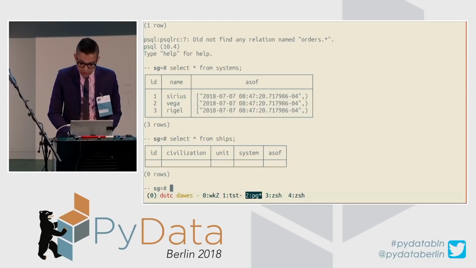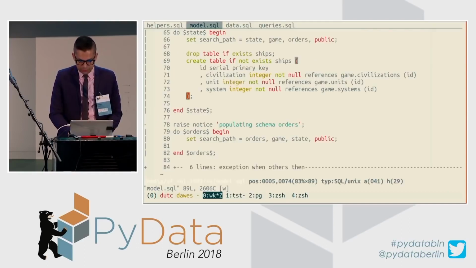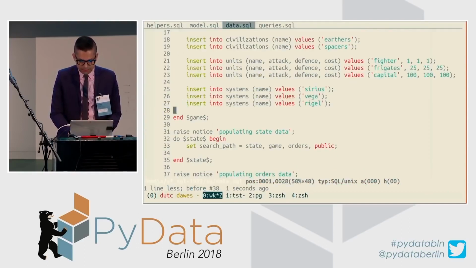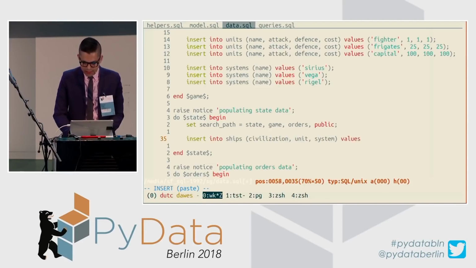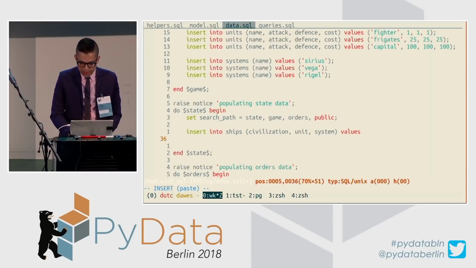Actually, let me insert some ships first, and I'll show you this example. So I'll do insert into ships, station, unit, system, and as I said, the spacers have very high technology, so they have a capital ship.